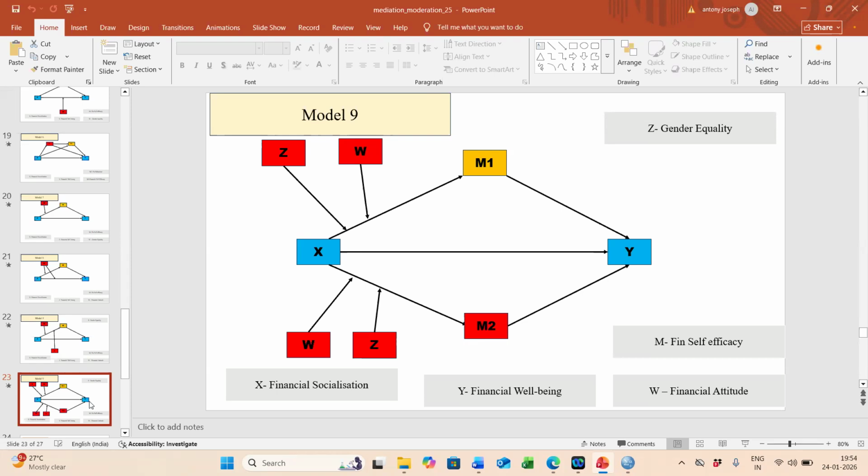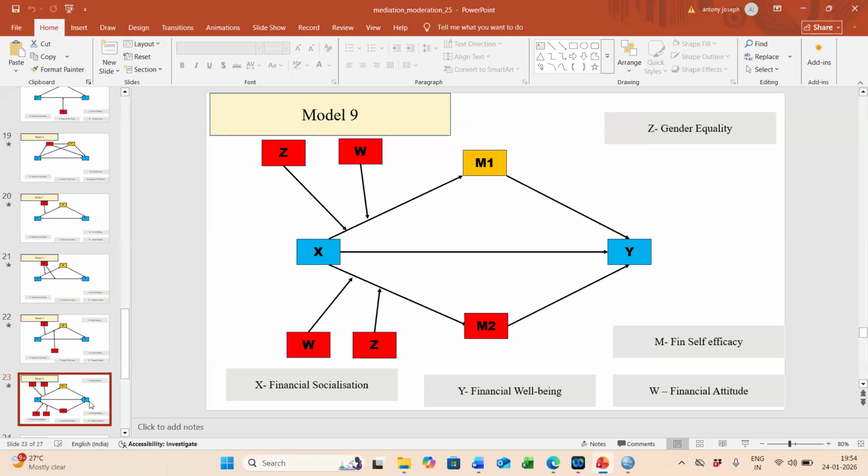I have drawn this diagram according to my convenience or my taste. You can draw it in different ways. Actually, there are only two moderators. You can draw from one side or from both sides. You only think about the flow of the arrow. No problem at all.